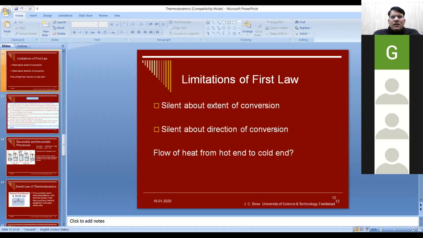Okay, in your syllabus there is a term, free energy functions. So I am going to discuss the meaning of free energy functions.